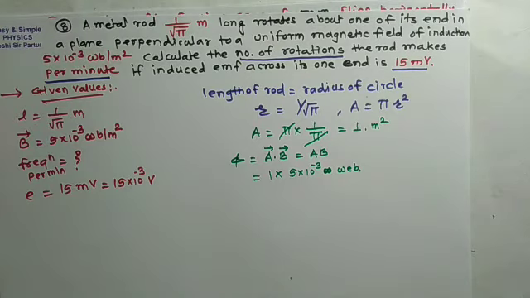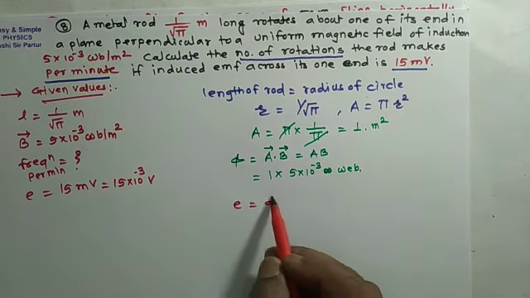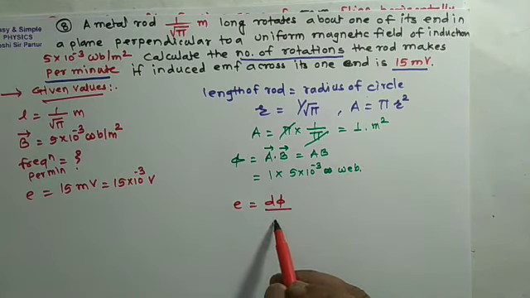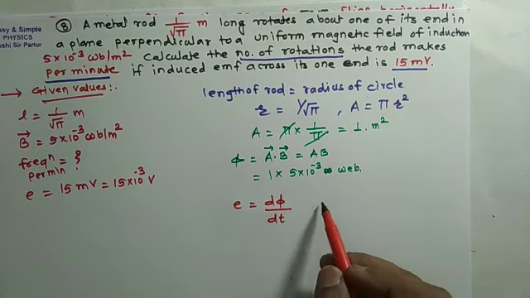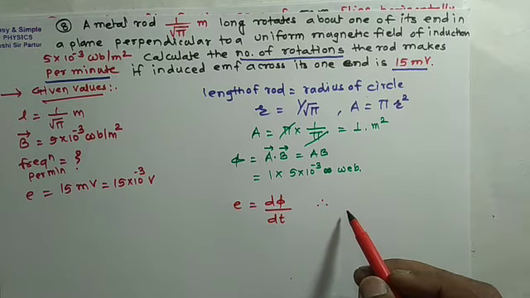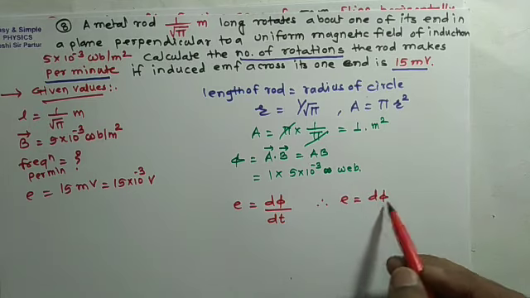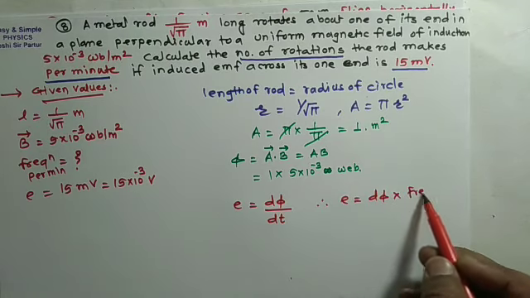If phi is calculated, we know that the magnitude of EMF generated in the coil will be d phi upon dt. Therefore, we can take 1 upon time as the frequency. So E equals d phi into frequency.